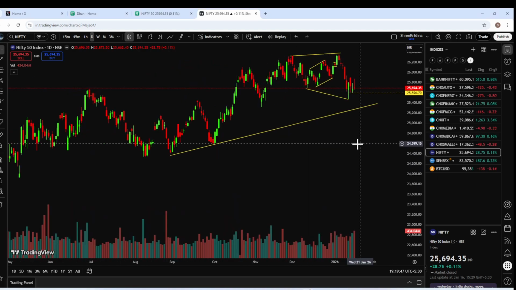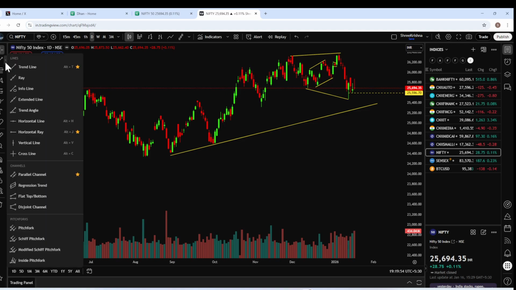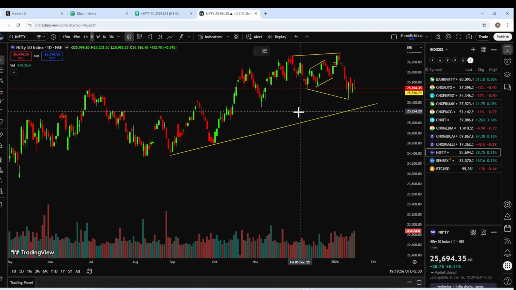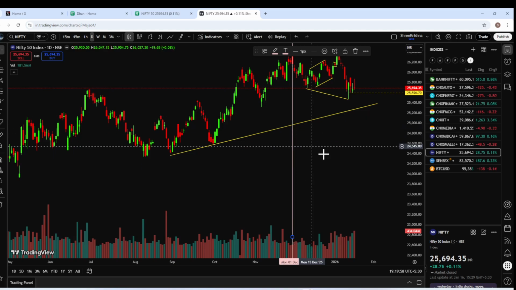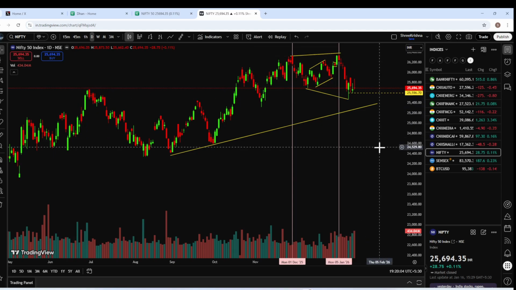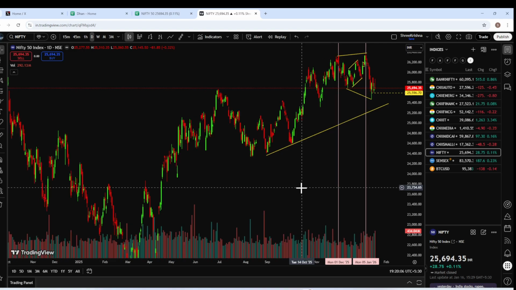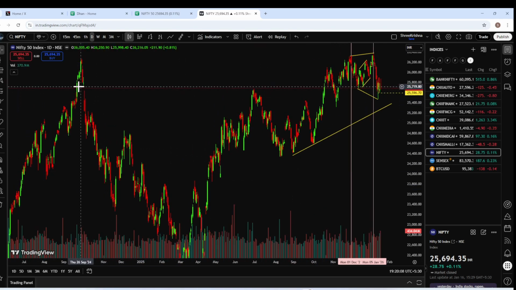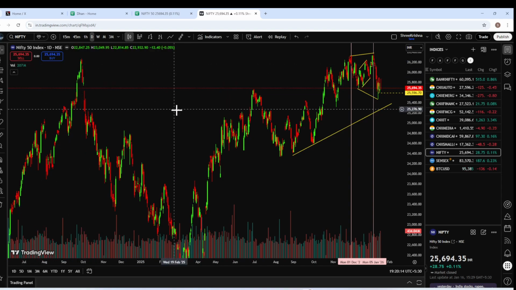But here when we see this one, this is one top, the low volume. This is the second top, slightly higher than the previous one. When you see this one, you don't find a very high volume, you find an average volume.